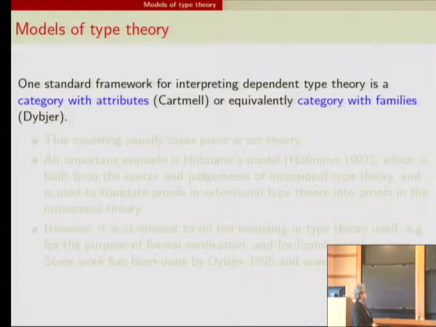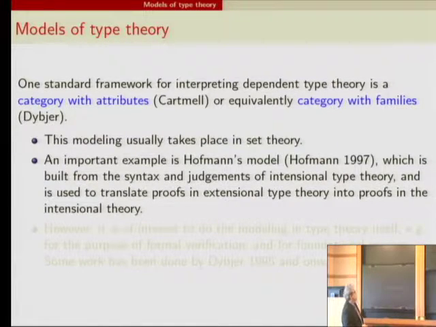There is one well-known Setoid model of type theory, Hofmann's model from his PhD thesis, which was built from the syntax and the judgments of intensional type theory, and was used to translate proofs made in extensional type theory into proofs in intensional type theory, and to prove certain conservativity results there.